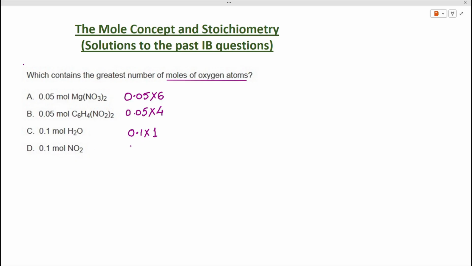And for the last one, it's going to be 0.1 multiplied by 2 because it has 2 oxygen atoms. So for this one, it will be 0.3. For this one, it will be 0.2. Here, this will be equal to 0.1 and this will be equal to 0.2. So our greatest number of moles are there in option A.